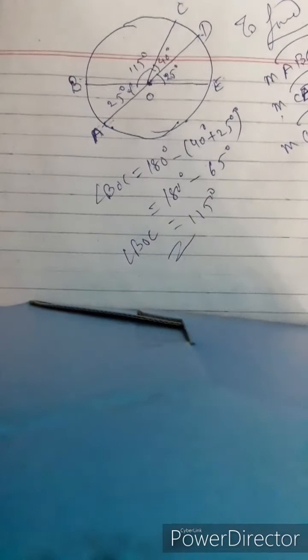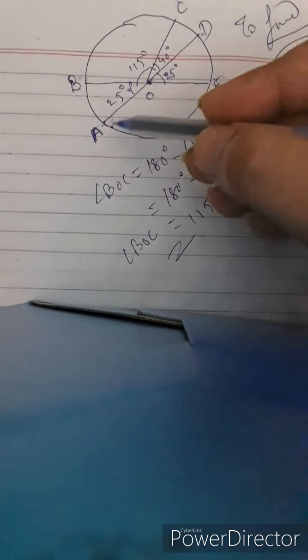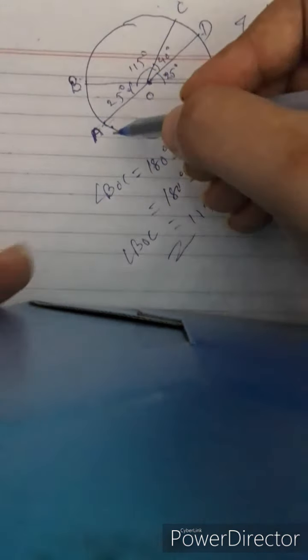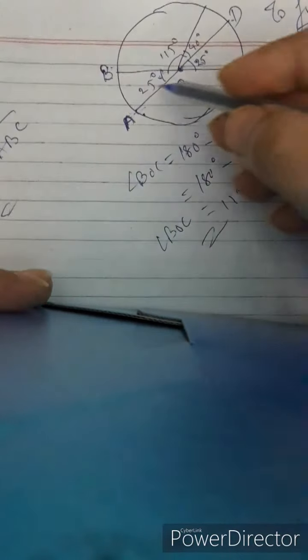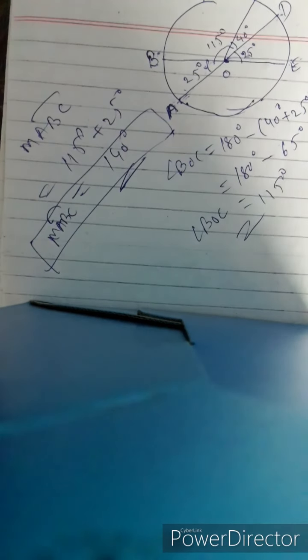That is, angle AOB becomes 25 degrees. So now the measure of major arc ABC is angle BOC plus angle AOB, that is 115 degrees plus 25 degrees equals 140 degrees. So ABC is 140 degrees.